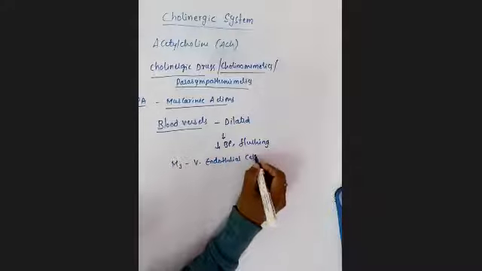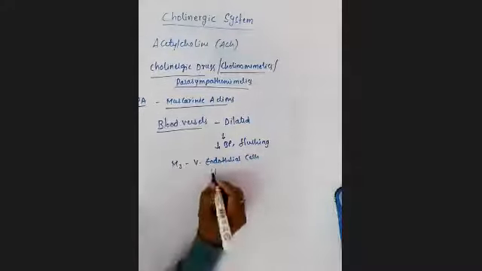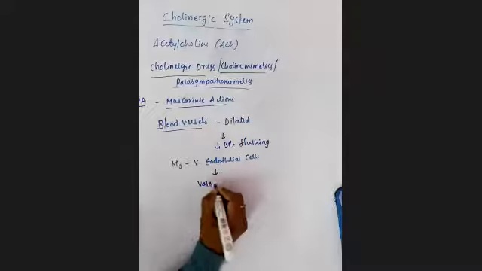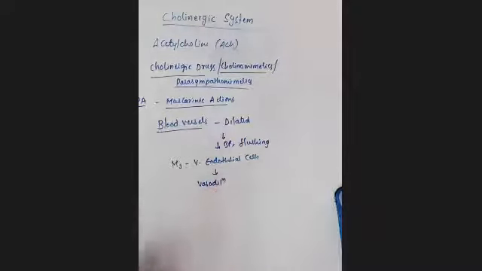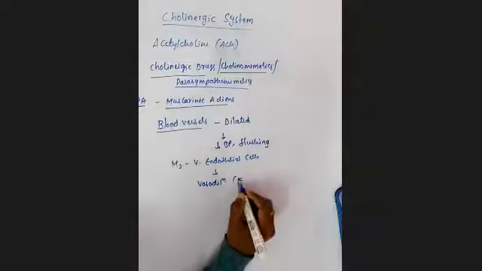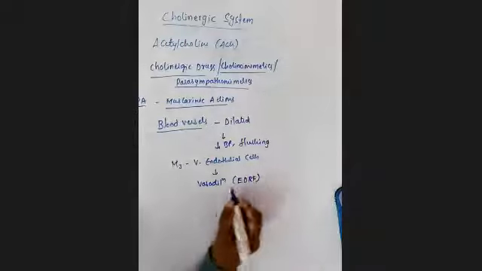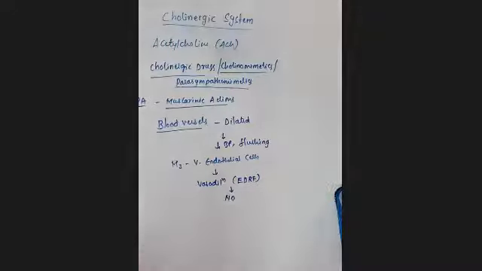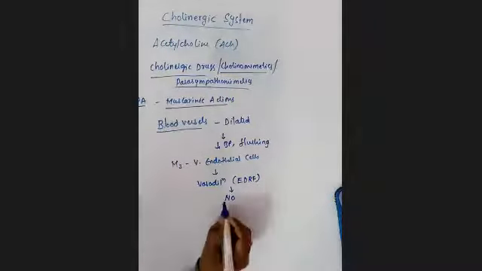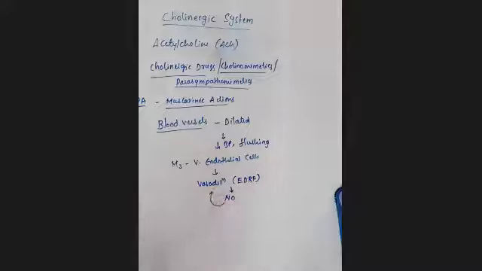endothelial cells, right? Here it is also causing vasodilation, mainly through the endothelium dependent relaxing factor. Because of this, nitric oxide is released, which causes the vasodilation.